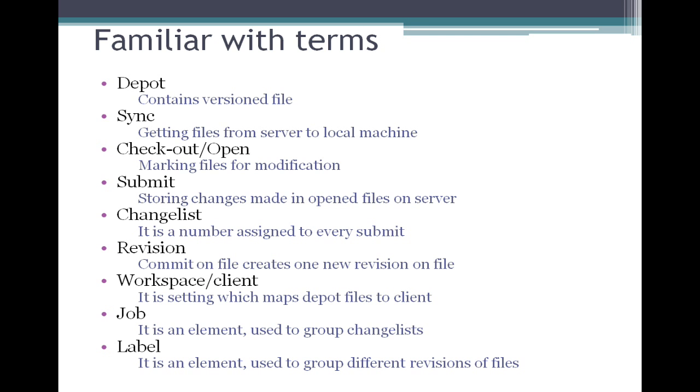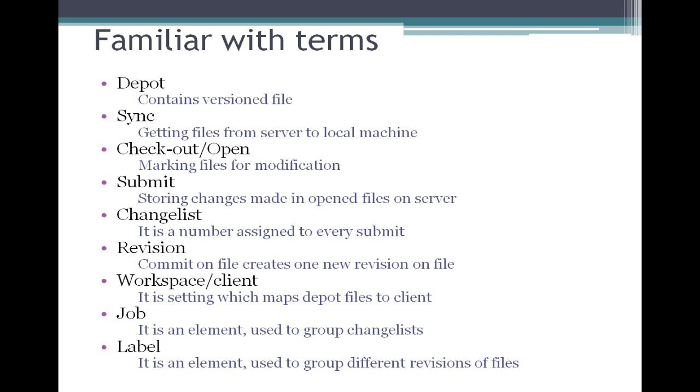The change list. In the Perforce server, when you do submit, it will assign a number to each submission. Whenever you start the server for the first time, the first check-in will be number 1, then the next submission will be number 2, the next number 3. So it is a sequentially increasing order.